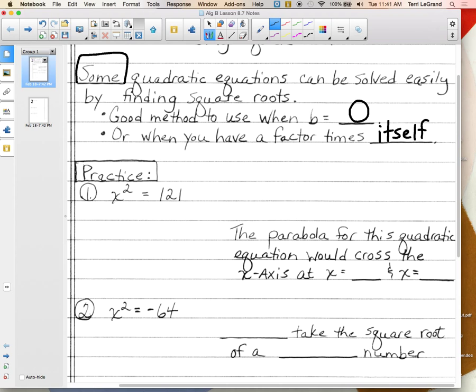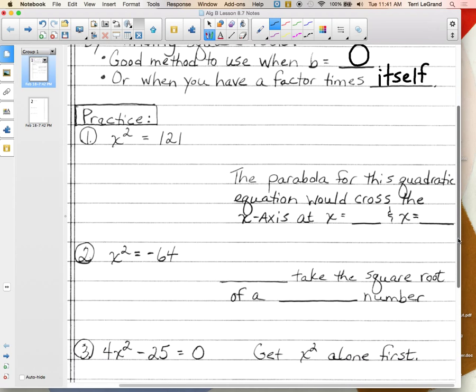Okay? So here's our first one. Let's solve x squared equals 121. So x squared is on one side, 121 is on the other. If we were going to solve this by graphing or by factoring, we would get that 121 moved over with that x squared, wouldn't we? Isn't that what we would do, set it equal to 0? We don't have to do that. We're going to leave it just like it is. We're going to say, what can I do to get x out of x squared? Anybody know what we can do to x squared? Square root it.